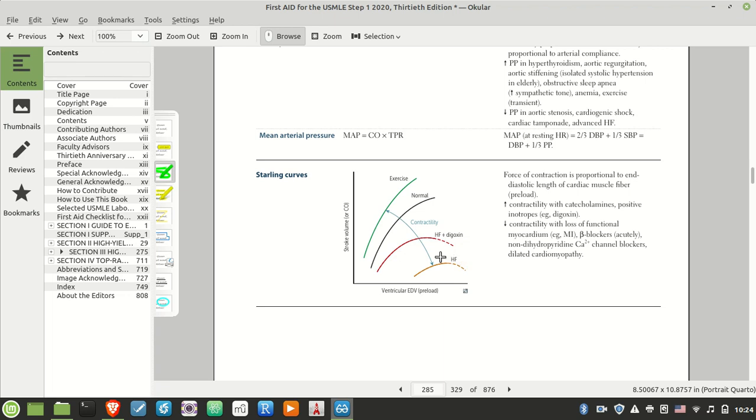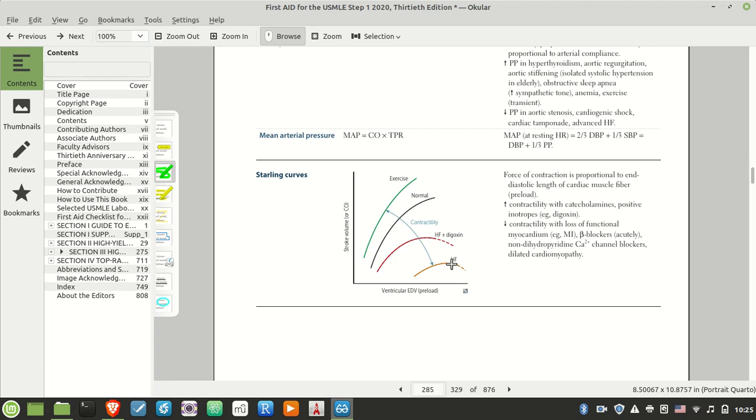So let's start with heart failure, HF. If you have heart failure, what's going on? Well, you would have very high preload. Why is that? It's because you're not pumping out any of the blood, and so it just pools and stays there. And you'll see that it's not very high on this y-axis of stroke volume.